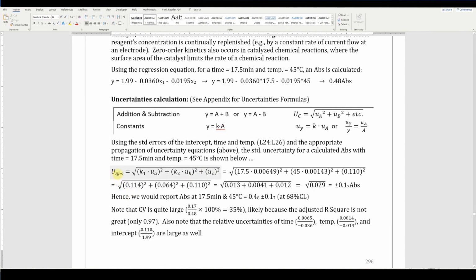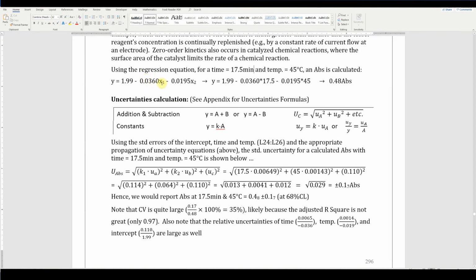So the combined uncertainty of the absorbance that we forecast at 0.48 would be equal to the root of the sum of the squares of the uncertainties of these three terms. This last term here is simply the intercept. The uncertainty of the intercept was 0.110. I'll show it to you in a minute. And then for the other two terms, we have the constant times the uncertainty of the coefficient.